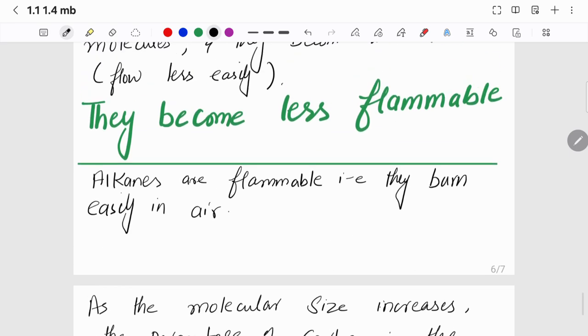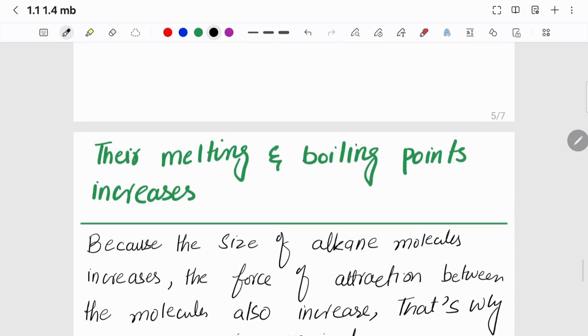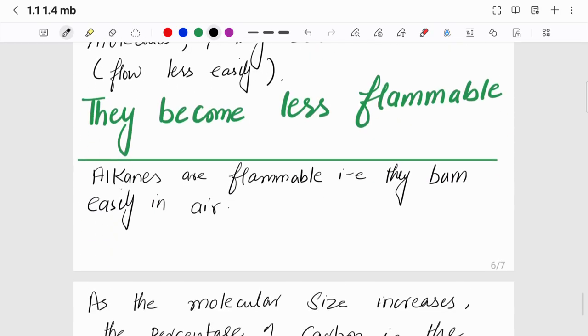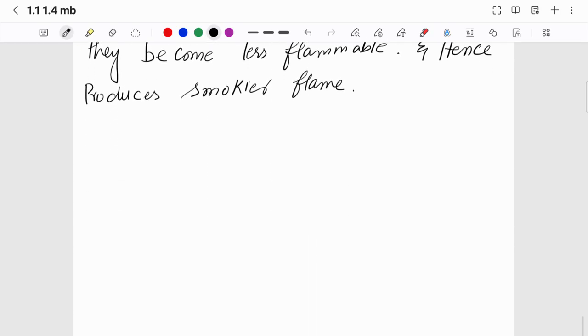Okay, these are all the short questions to be asked in the theory exam, and you can just write them the similar way I just wrote over there.